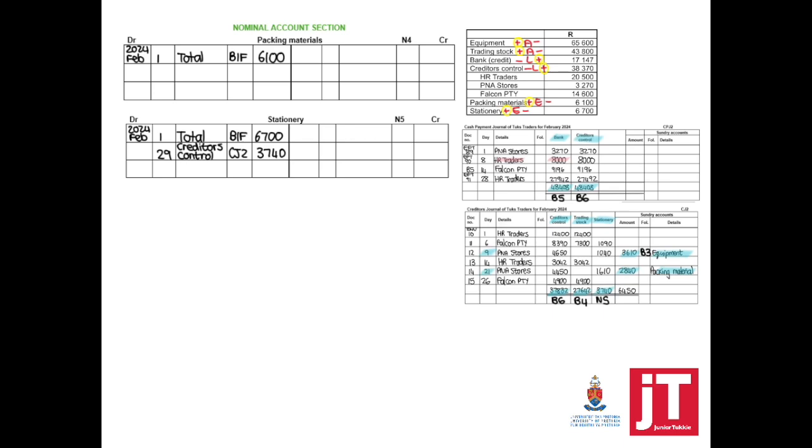When we're posting from the creditors journal, creditors control is credited, the rest is going to be debited. Our expense is going to increase on the debit side. Now, everything has been posted from the cash payment journal and the creditors journal. We can now total packing material and stationery.